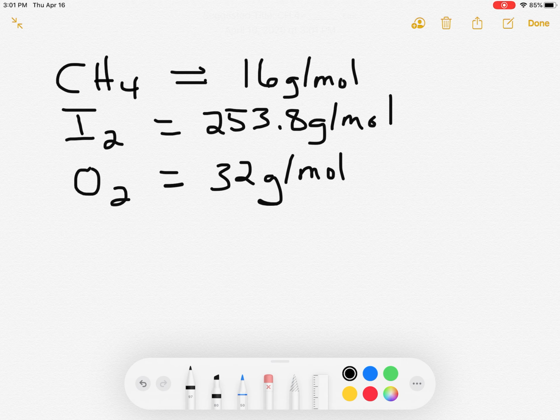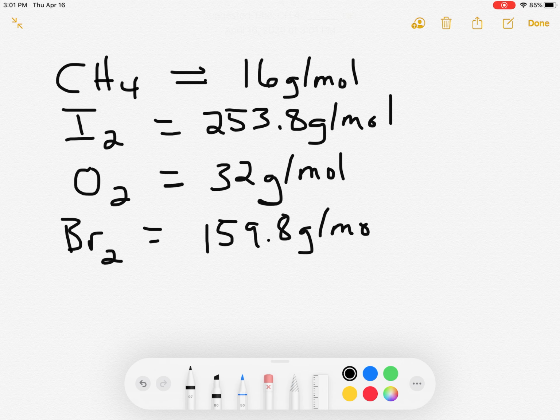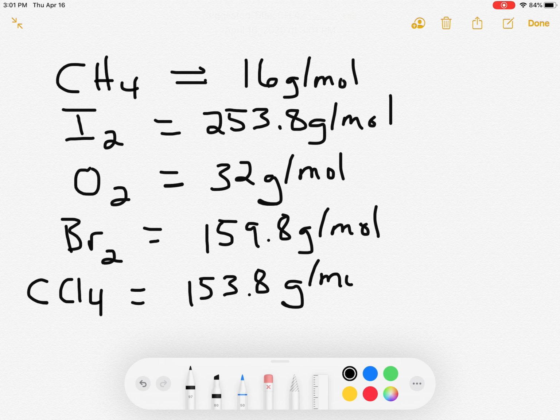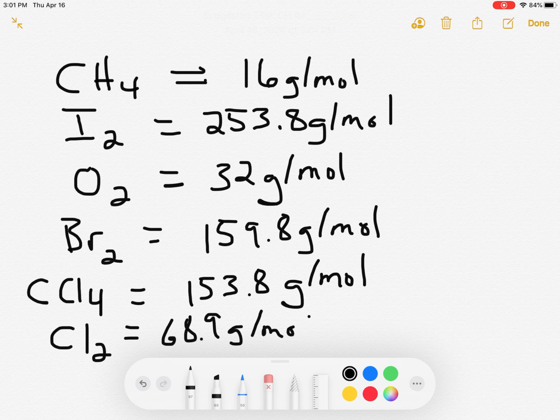Again, I'm just getting these numbers based on their molar masses on the periodic table. Bromine, we have 2 of them, would be 159.8 grams per mole. Carbon tetrachloride is going to be 153.8 grams per mole. And chlorine will be 68.9.